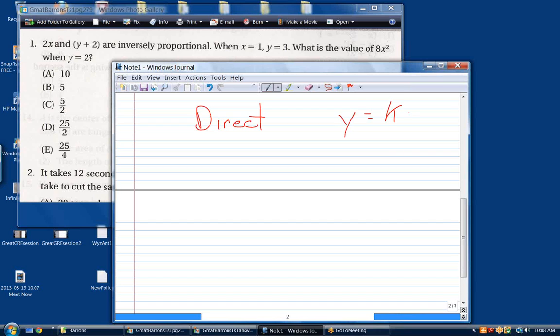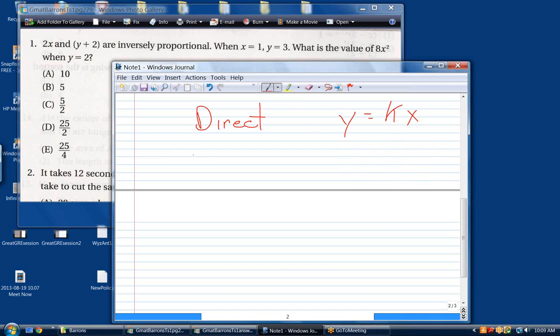If I say that y is directly proportional to x, it means that there is some k. And when x goes up, y goes up, but it might be y equals 2x, it might be 4x. It just means that they're directly proportional.